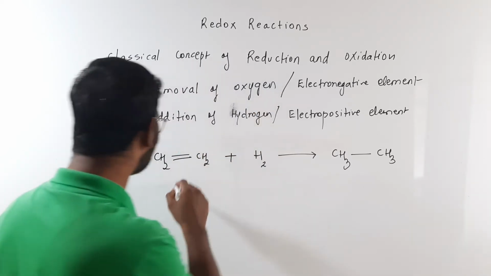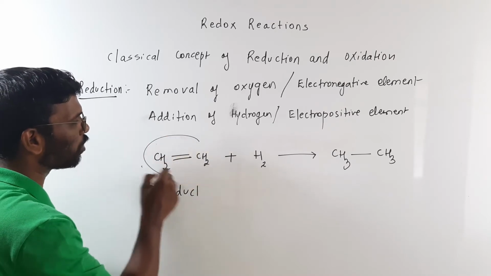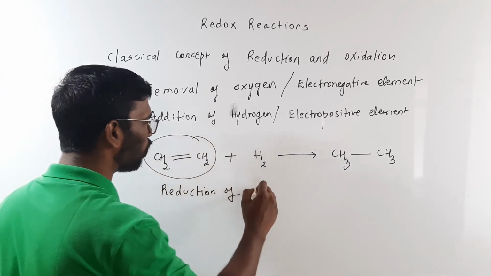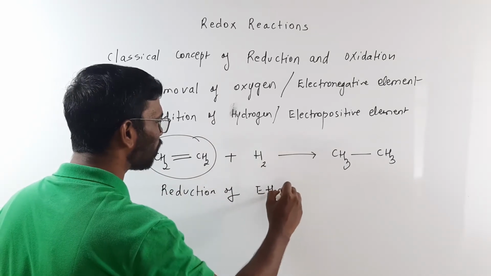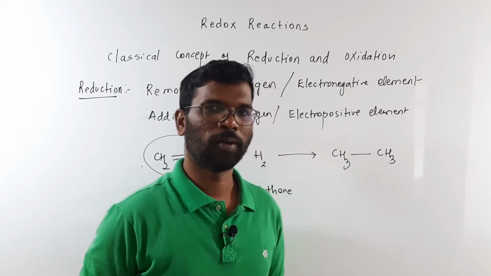So this is a reduction. It is a reduction of the whole compound, reduction of ethene, I will say. This is ethene because hydrogen is added to the whole molecule.